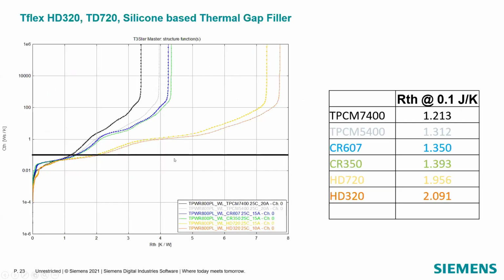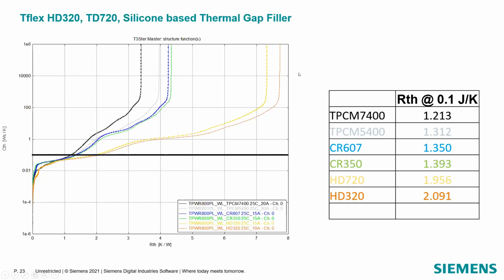We tested two materials, HD720 and 320. They showed slightly higher thermal resistance values, both at our reference point and in the ambient. Still really good, below even 8 Kelvin per watt junction to ambient.